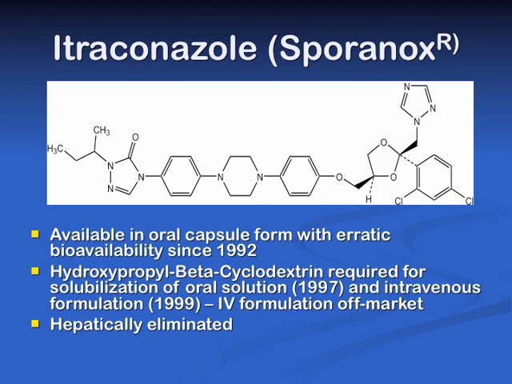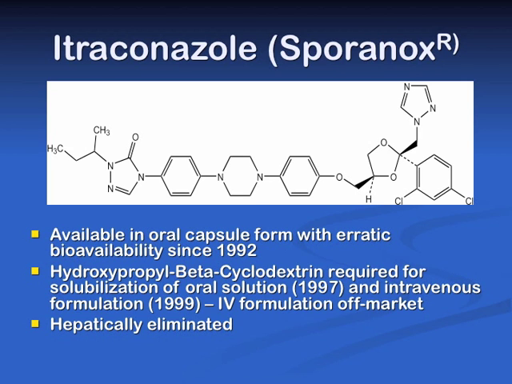Itraconazole, or Sporanox, has been available as an oral capsule form with, unfortunately, erratic bioavailability since 1992. Then they came up with a hydroxypropyl beta-cyclodextrin solubilizing agent, which allowed them to create an oral solution, which is still on the market, and an IV formulation, which is no longer on the market.